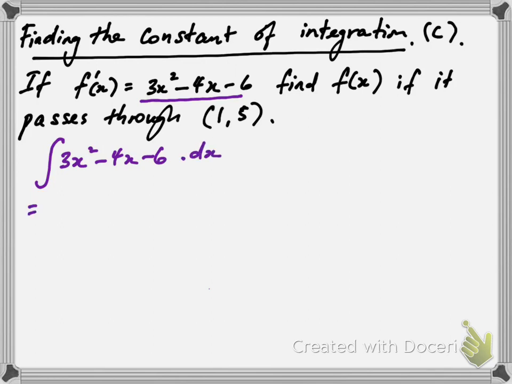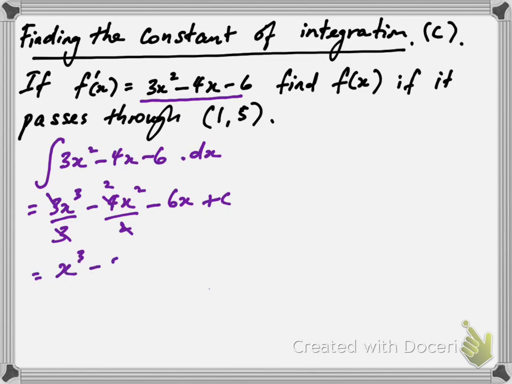You can integrate this straight off, which will give you 3x to the power 3 over 3 minus 4x squared over 2 minus 6x plus c. Simplify, so 3 will cancel, 4 becomes 2, so you end up with x cubed minus 2x squared minus 6x plus c equals f of x.